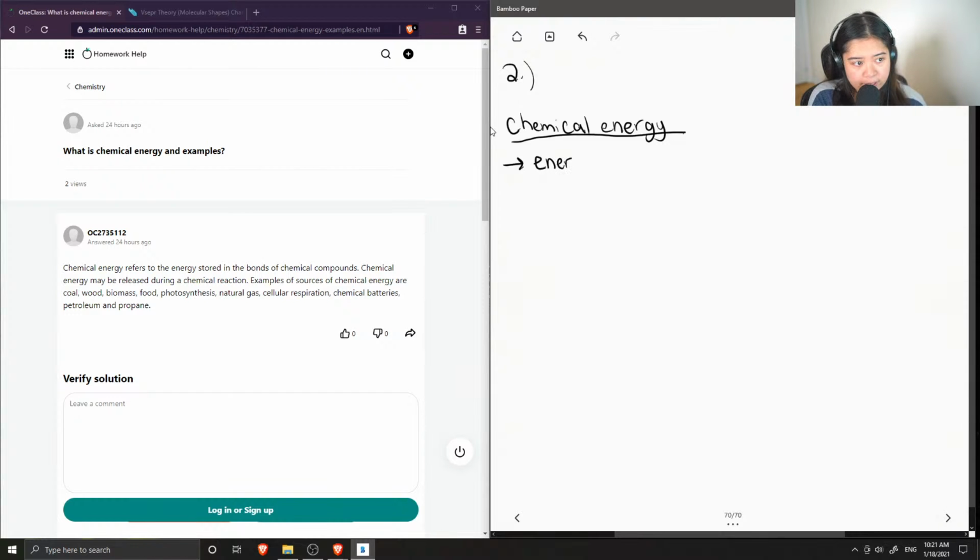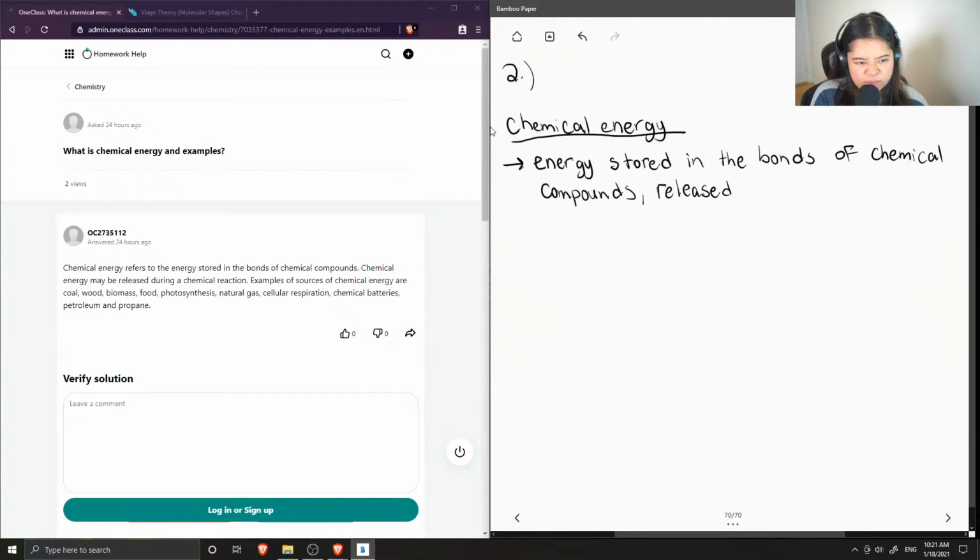So chemical energy is the energy that is stored in the bonds of chemical compounds. And they can be released through the form of heat.